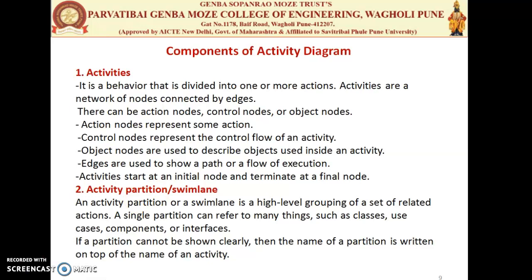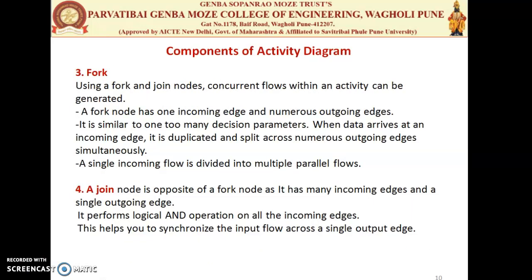The next one is the fork. A fork has a single incoming edge and a number of outgoing edges. When there is one incoming edge and the activity gives a number of outgoing edges, that is, one activity is divided into a number of activities, we call it a fork. And join is just the opposite of fork: a number of incoming edges and a single outgoing edge.